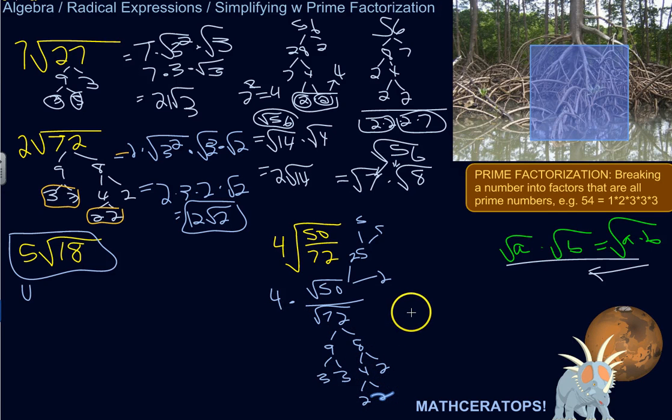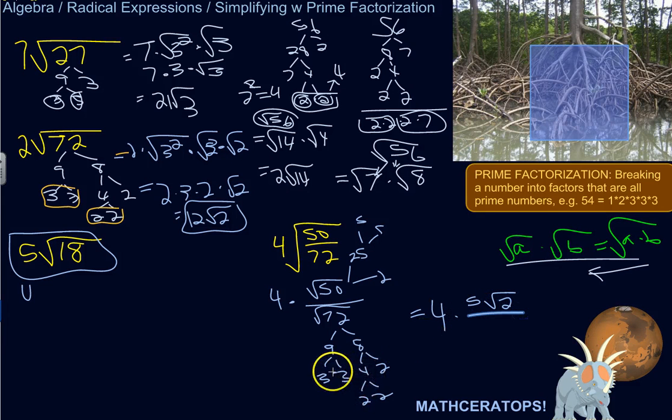Okay, so let's see what we can do here. Let me write the whole expression as 4 times. Now the top, we've got this perfect square, 25. It's 5 times 5 is 25. So if you square root, that's 5. And then all we have left is square root of 2. So square root of 50 is 5 times the square root of 2.